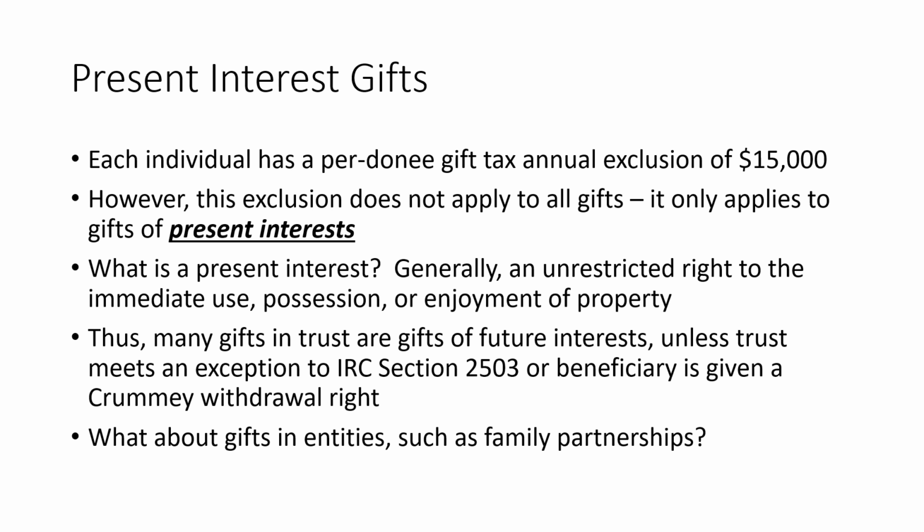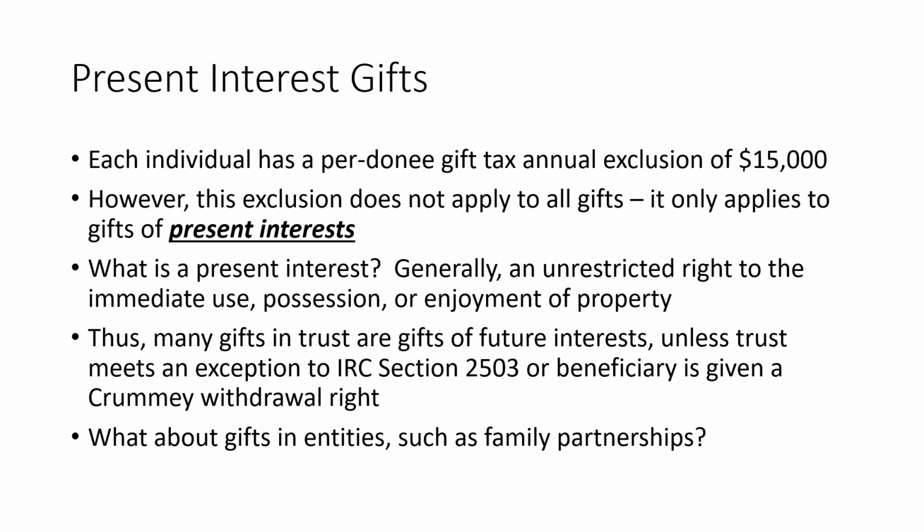So for that reason, you generally cannot use the gift tax annual exclusion for gifts to an irrevocable trust unless the trust meets an exception to Code Section 2503, or unless the beneficiary who you're counting as a donee for purposes of that gift tax annual exclusion is given a Crummey withdrawal right.